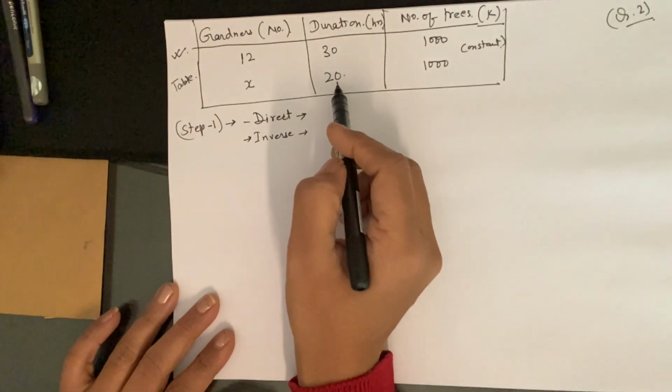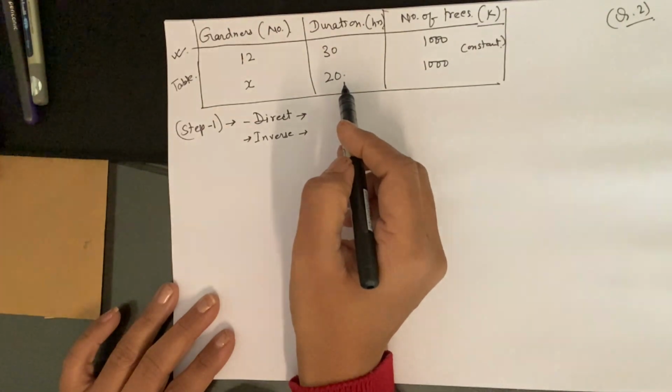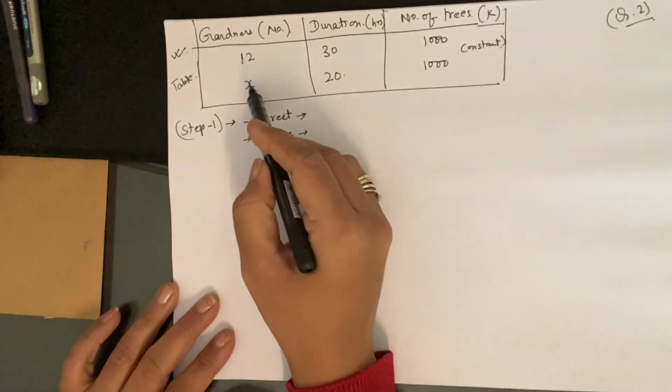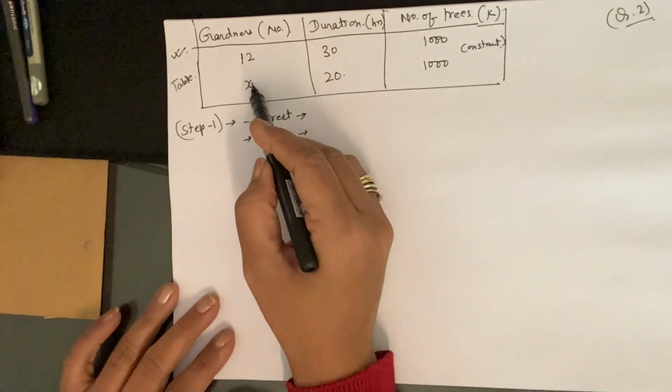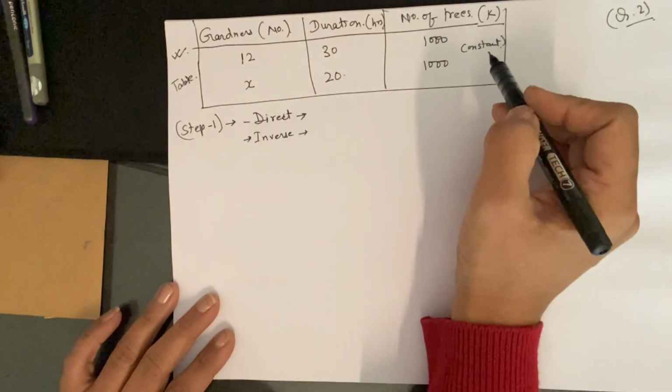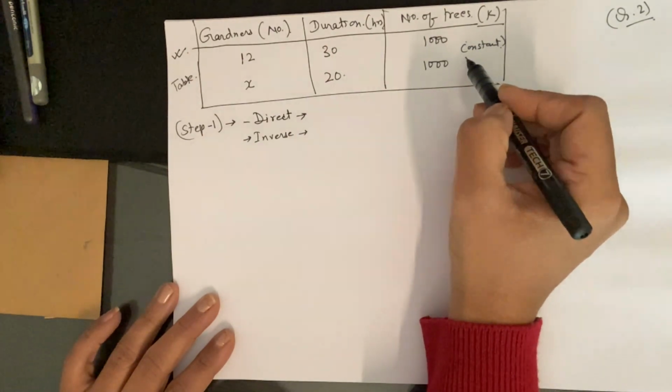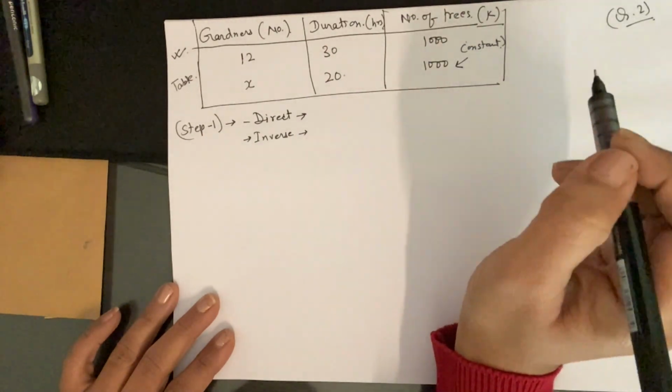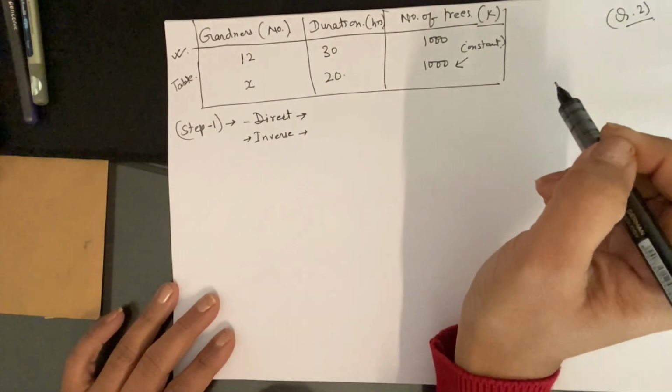So when you are reducing the number of hours, obviously the number of gardeners will increase, right? Because here the number of trees is constant.